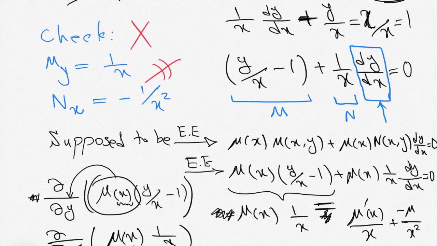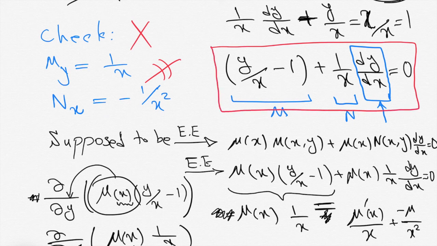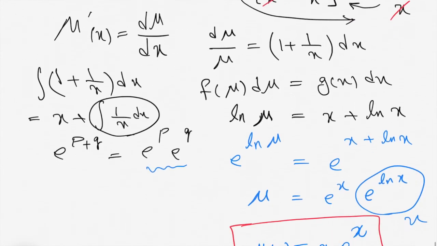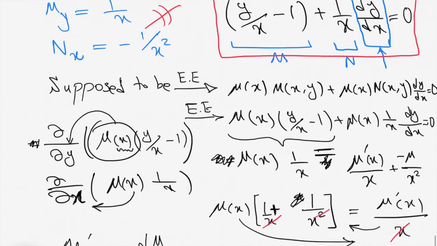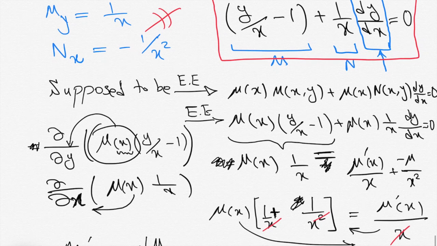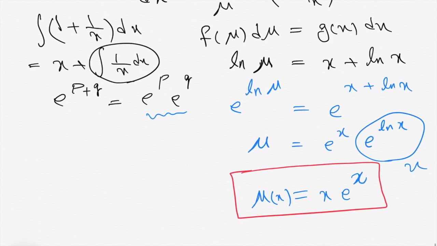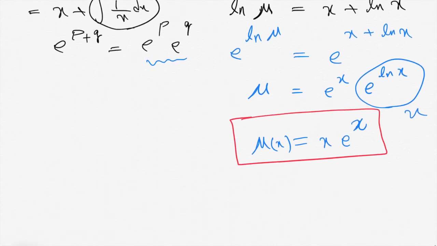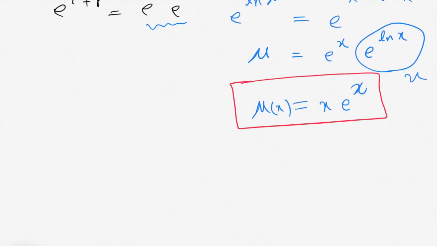So what was our equation? This was our equation, which is not exact. But by multiplying this mu, now we can make it exact. Let's see whether actually this is true or not.